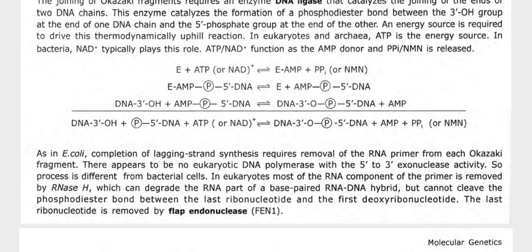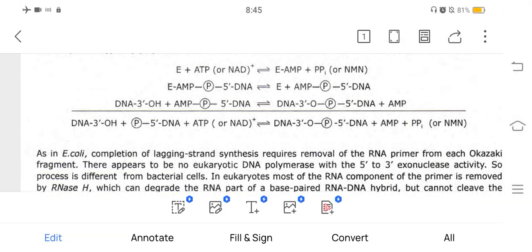E-AMP plus 5' P DNA gives E plus AMP-P-5' DNA. Then 3' OH DNA plus AMP-P-5' DNA gives DNA 3' O-P 5' DNA plus AMP.